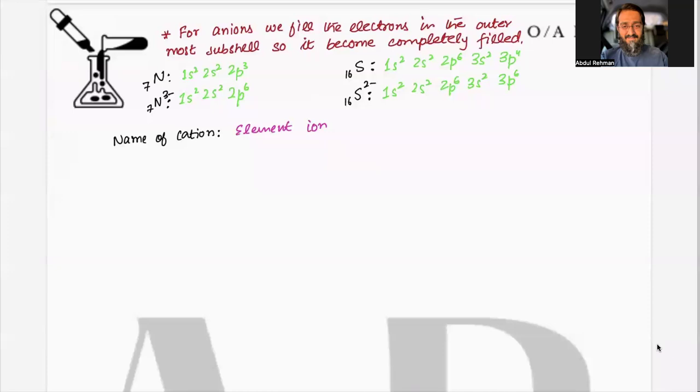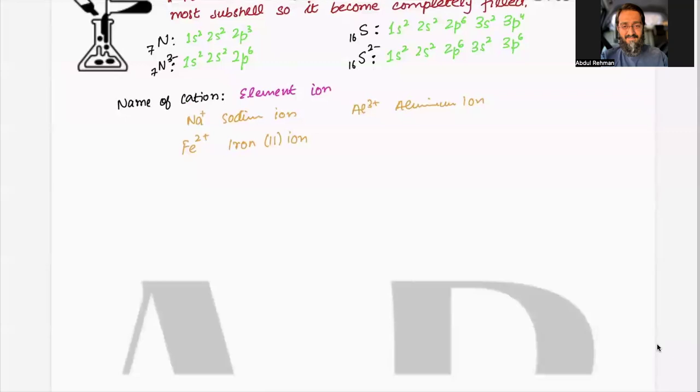Aluminium ion, right? So if it's Na+, I'm going to call it sodium ion. If I have Al3+, it is going to be aluminium ion. If I have Fe2+, I'm going to call it iron(II) ion, because it's a transition element. So with the transition element, we always write the name with the Roman numeral. Is this clear?